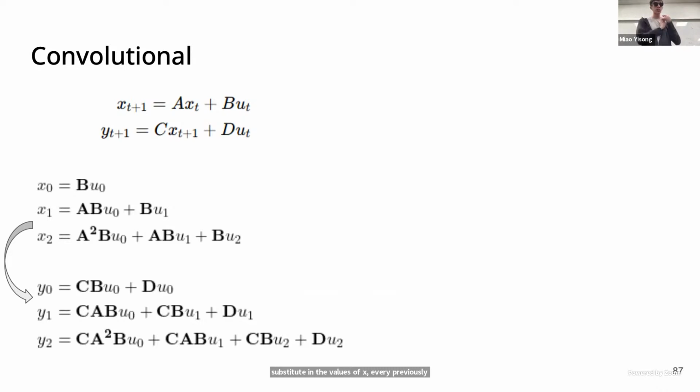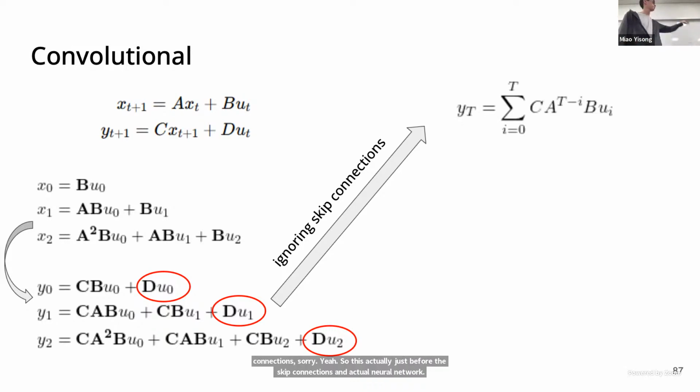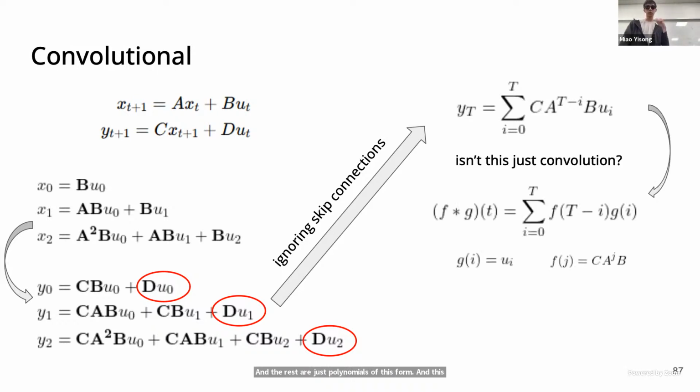And we realize that this is actually a polynomial. The Du terms are just skip connections, which refer to skip connections in an actual neural network. And the rest are just polynomials of this form. This form looks really similar to the formula for a convolution.